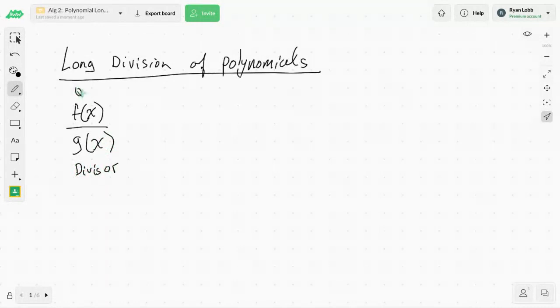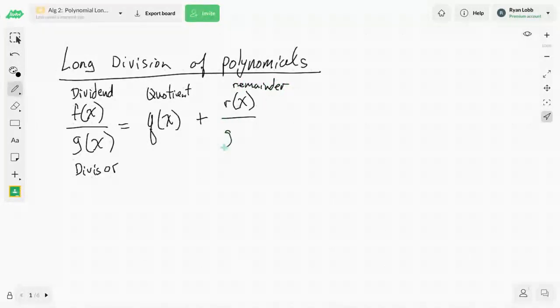This is equivalent to some quotient. Let's call that q of x, right? So some quotient plus r of x, which is my remainder, over my divisor g of x, right? This is my divisor.